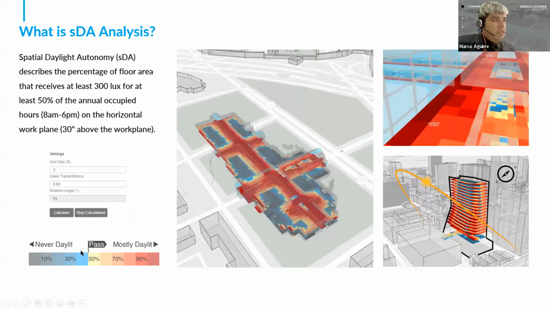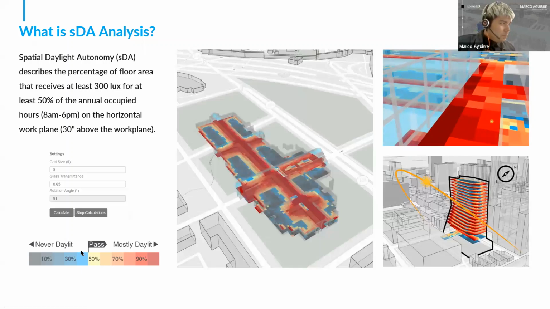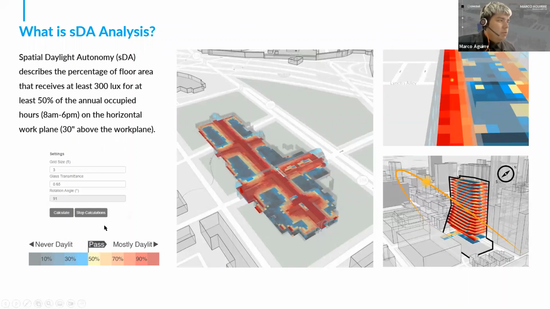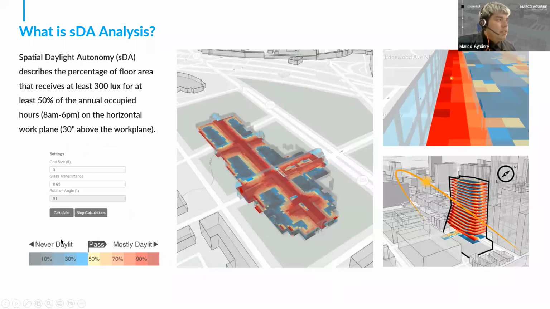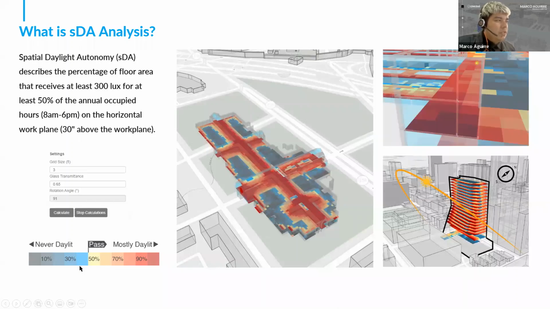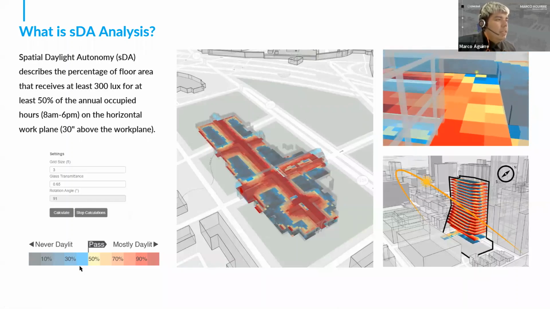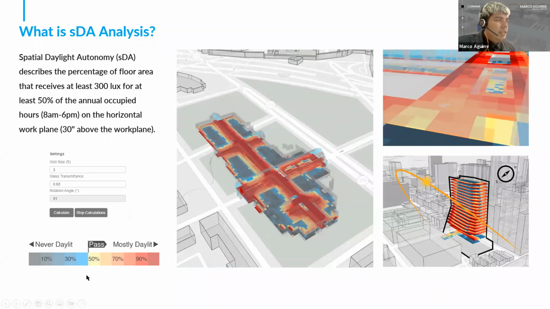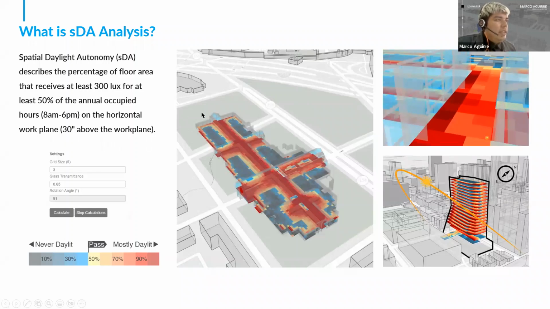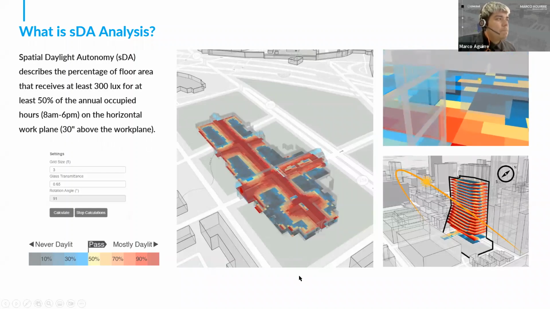But that doesn't mean the building is completely dark. It's just not as well lit as what we're looking for in SDA. So if you have a lighter blue, that's pretty ideal, especially if you're designing for schools, hospitals. That can be really difficult to get sufficient daylight in. And that's just one way to visually indicate if you're receiving sufficient daylight.